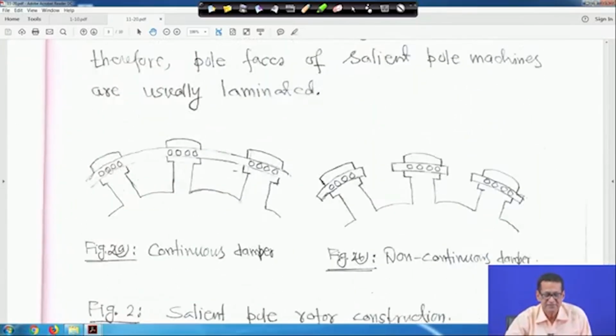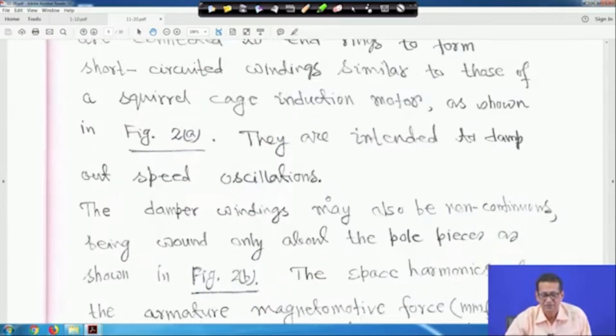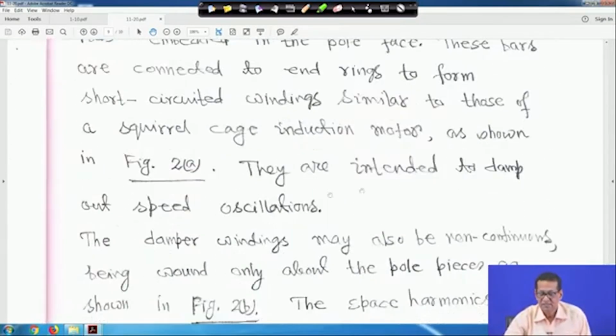That means either here it is placed and they are all joined together, or it is open also. This is your continuous damper and here it is non continuous damper because it is cut. So, they are intended to damp out speed oscillation, right.